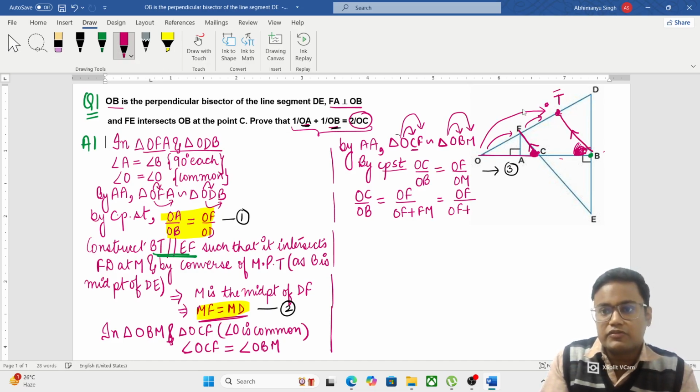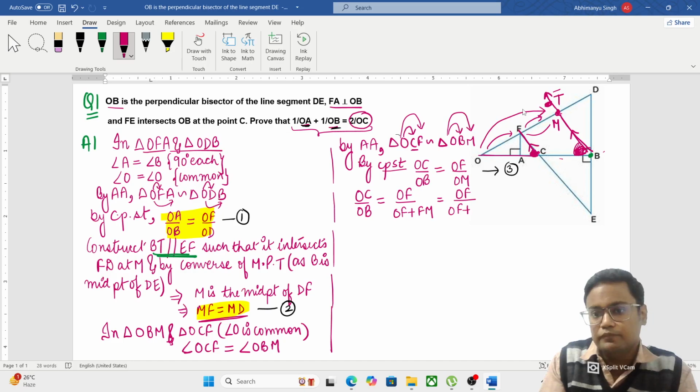I can say that this was T, as this was M and this was ray BT. So this M is the midpoint of FD, therefore MF is equal to DM or MD, and FM can be written as half of FD.